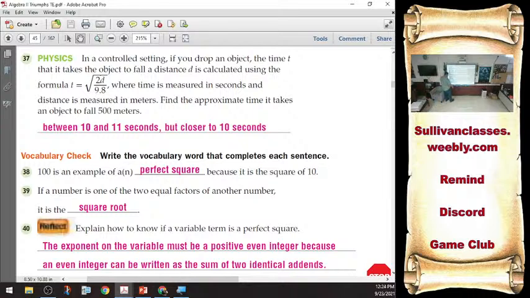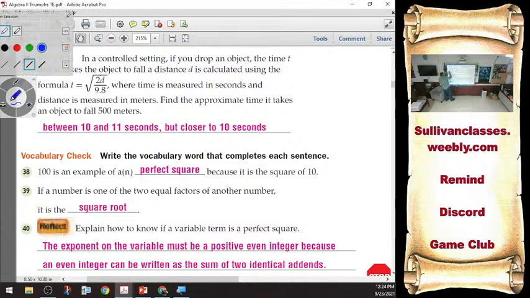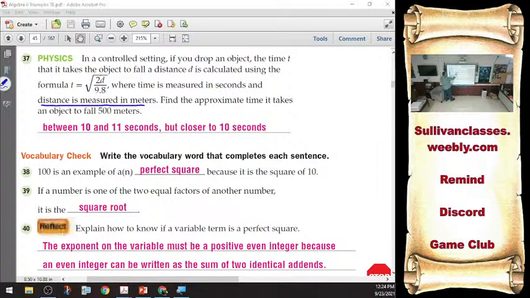So I look in here, where do I see the word meters again? Distance is meters. Okay, where do I see the word distance? Oh, so D is just 500. That's it. So T is the square root of 2 times 500 over 9.8.